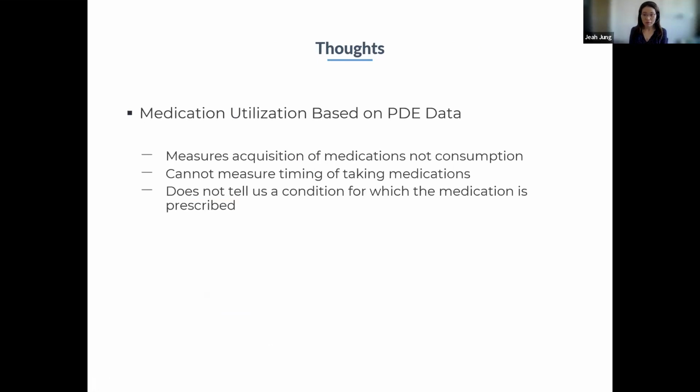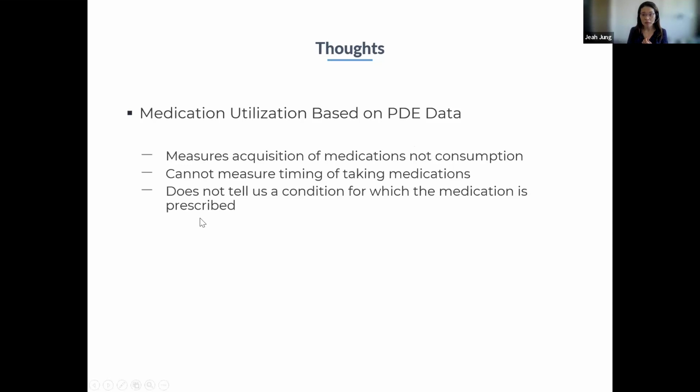We cannot actually follow the consumption of medications. Also, some drugs are supposed to be taken in the morning when you wake up. If you consider timing of taking medication as part of adherence, we cannot do that using our PDE data.